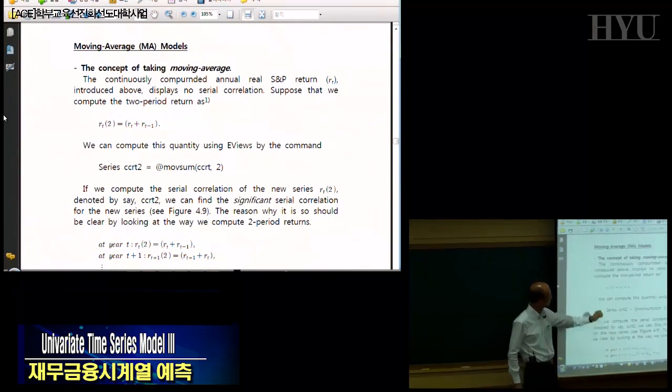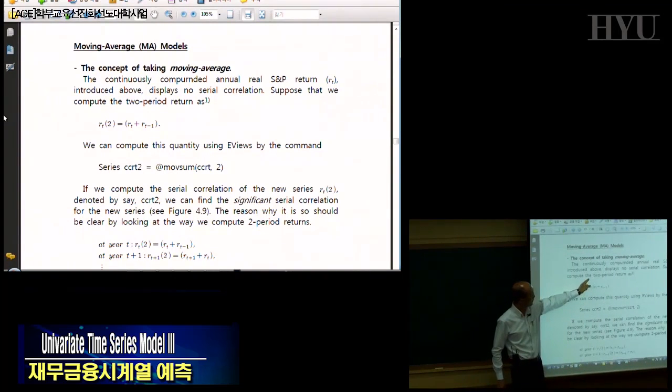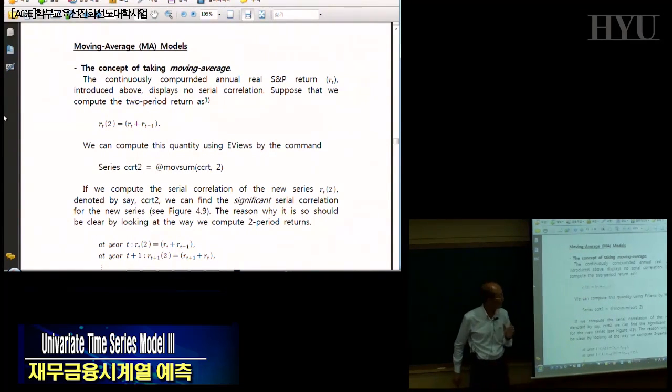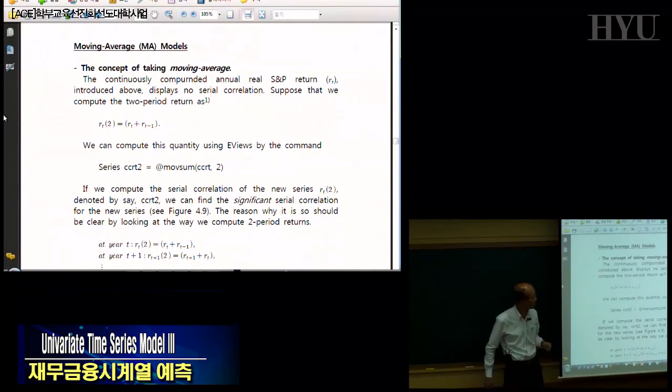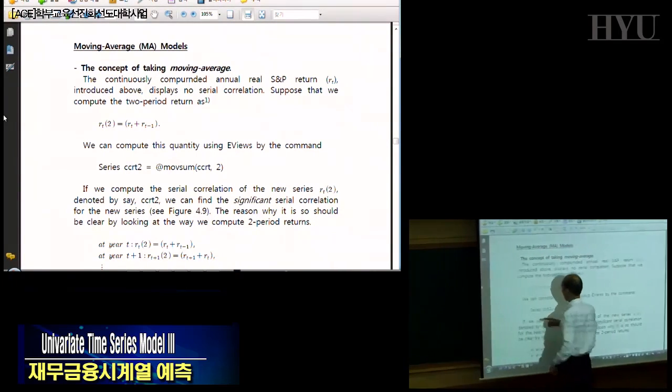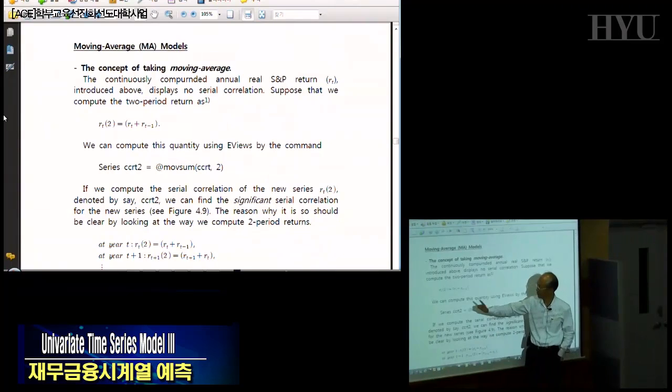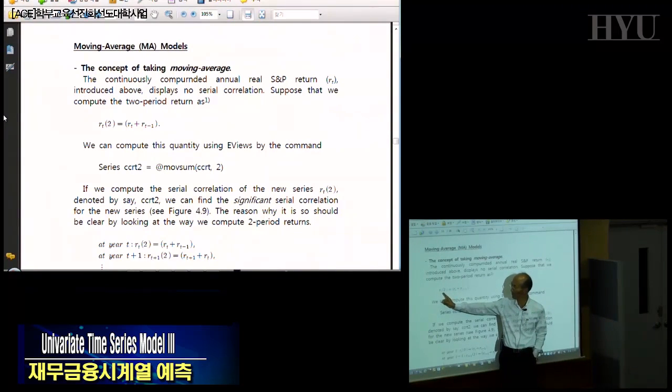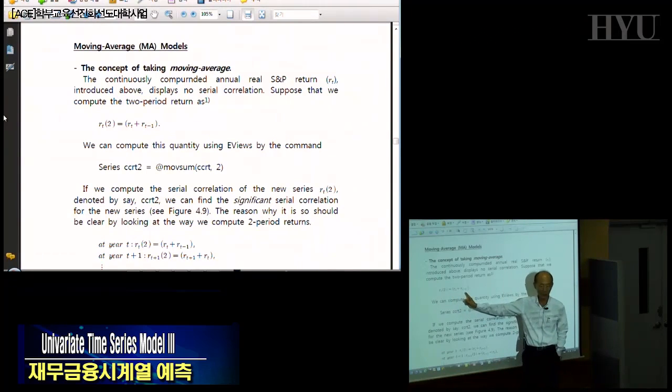Now suppose you compute what is called holding period return, where using this notation at time t, you are adding two of them. Okay. The one returned at t and previous period.